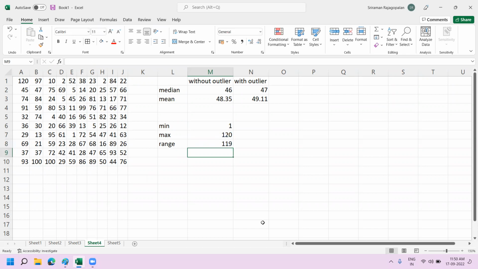So min is 1, max is 120, and the range is max minus min, which is 190.